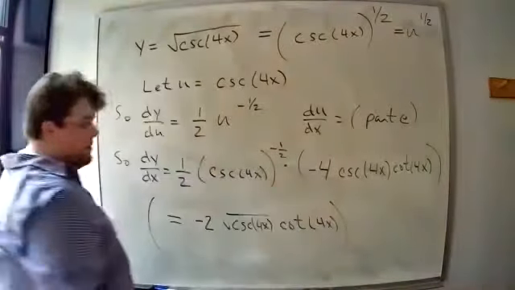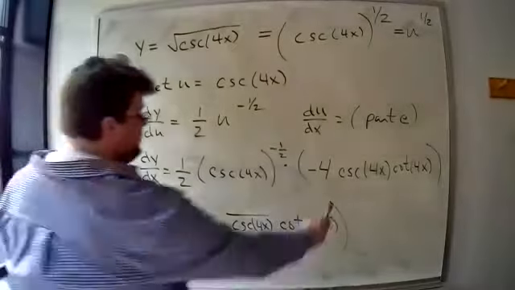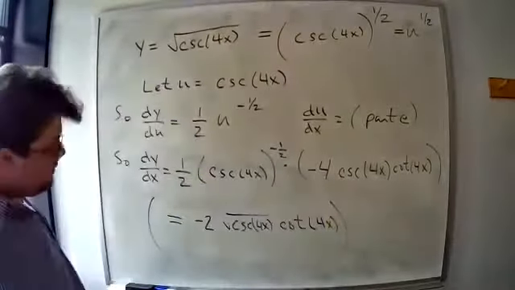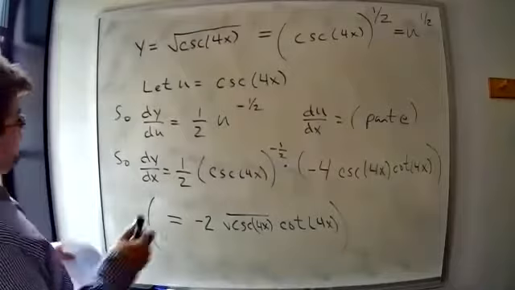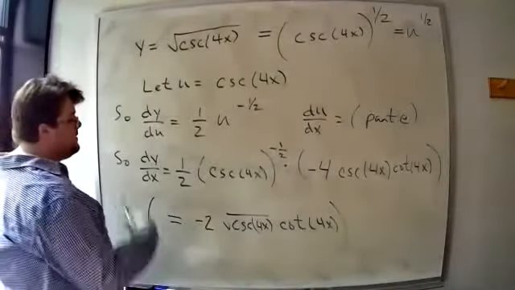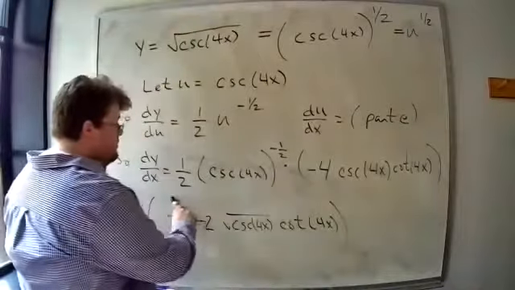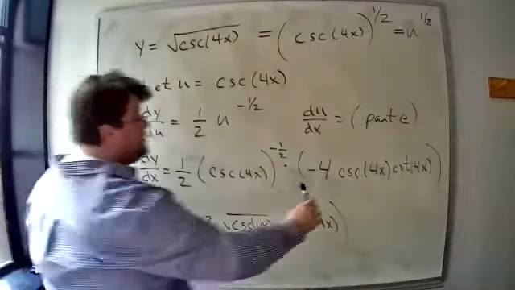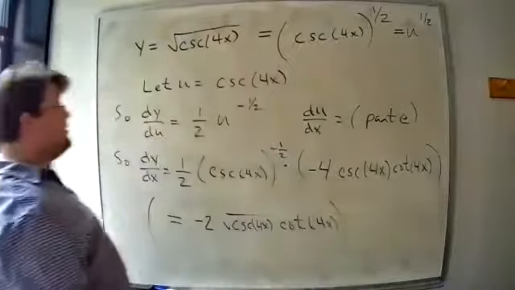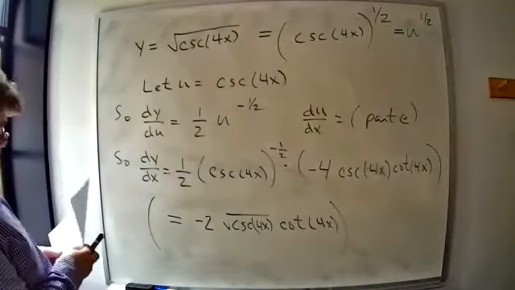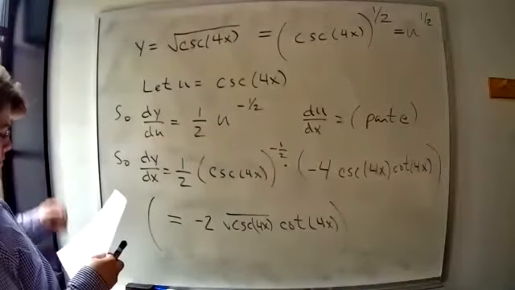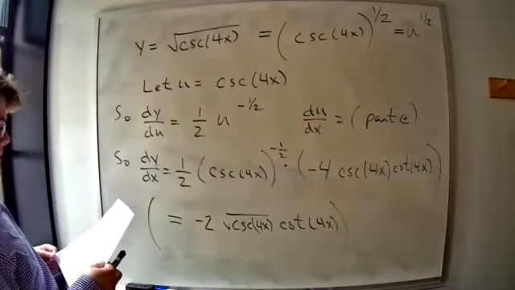Half of this would cancel with that, and you're left with half of it. But again, don't worry. It's more important, especially for a problem like this, to see how we're using the chain rule. The derivative of y with respect to u equals this first piece. Derivative of u with respect to x equals that second piece. Any questions about part F?